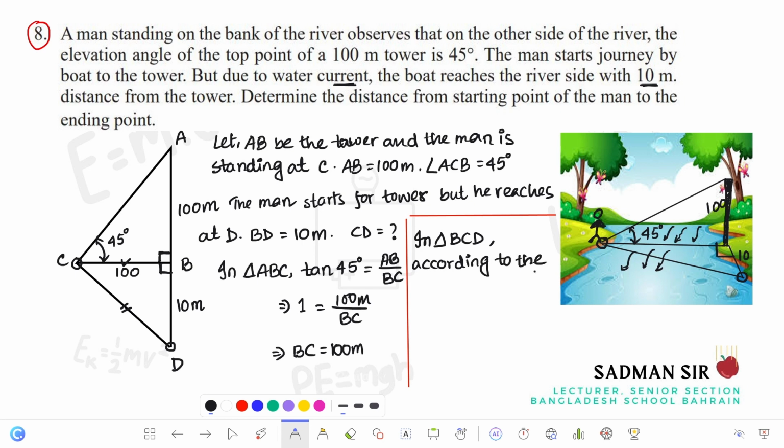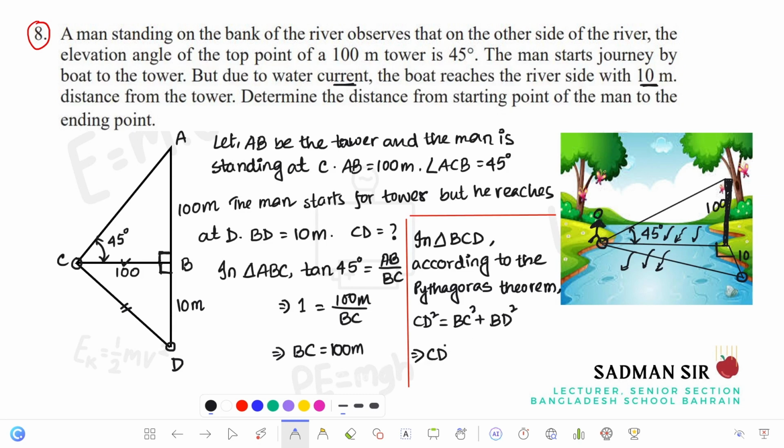Don't forget to mention that you are writing the equation according to the theorem of Pythagoras. According to Pythagoras, 90 degree opposite side, that is hypotenuse CD. CD square will be on the one side and the other two sides square will be on the opposite side. So CD square equals BC square plus BD square.